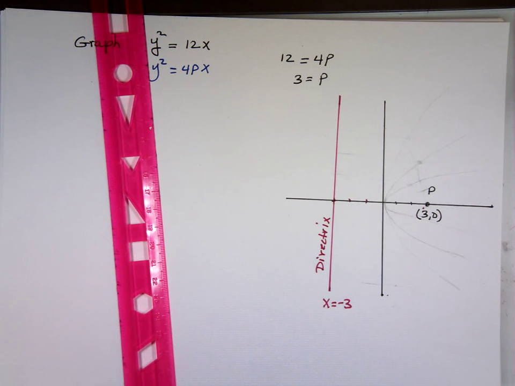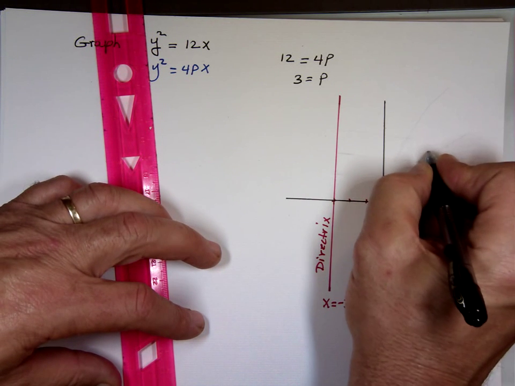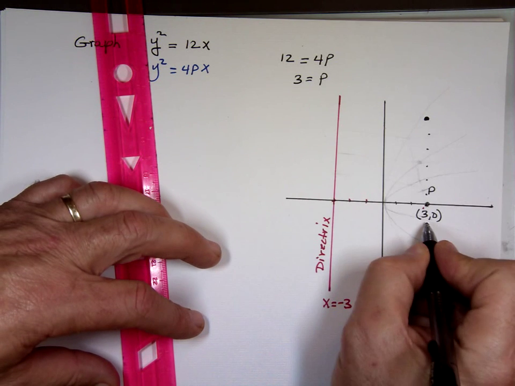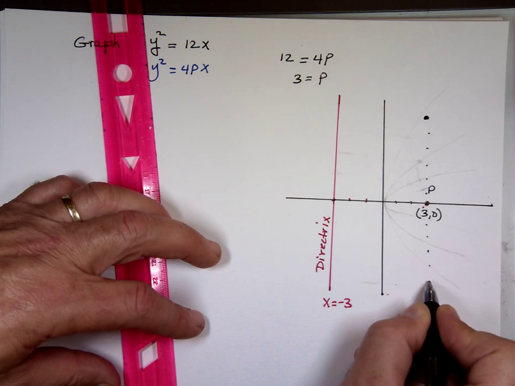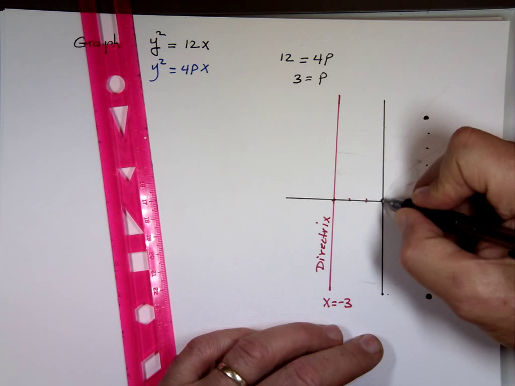So from this point, go 6 up. 1, 2, 3, 4, 5, 6. And go 6 down. 1, 2, 3, 4, 5, 6. Your graph is going to look like this.